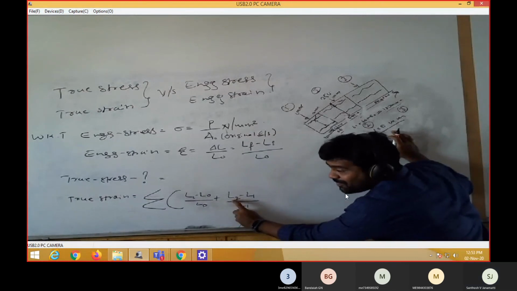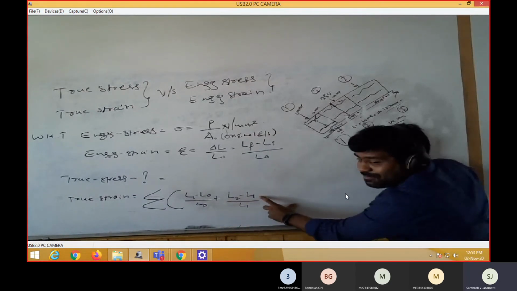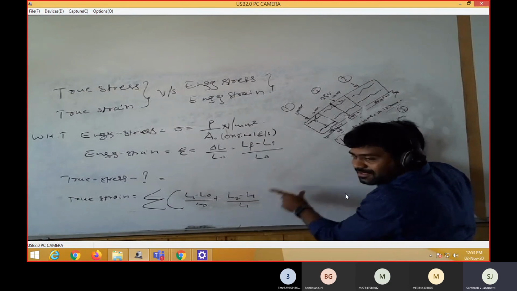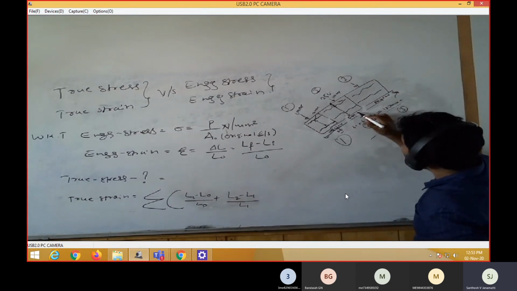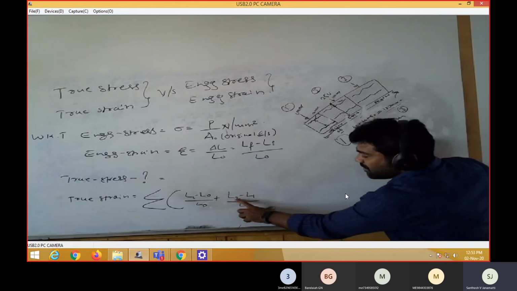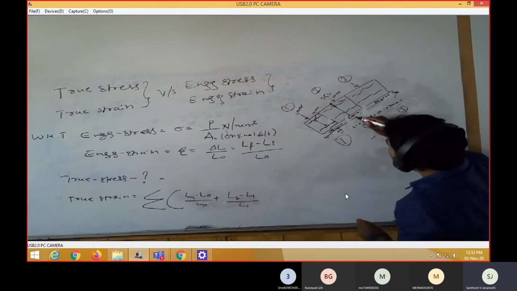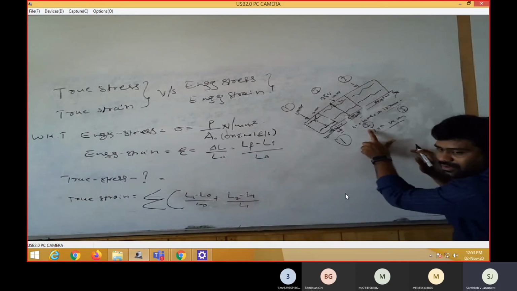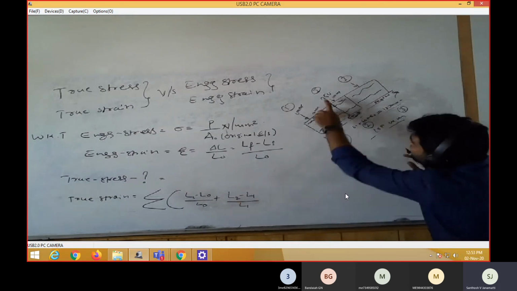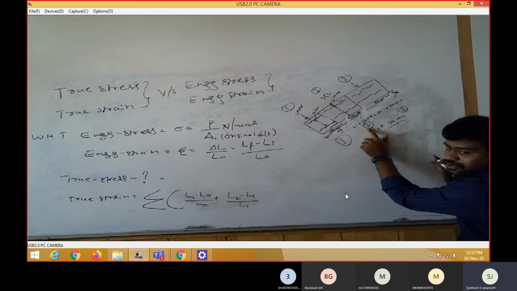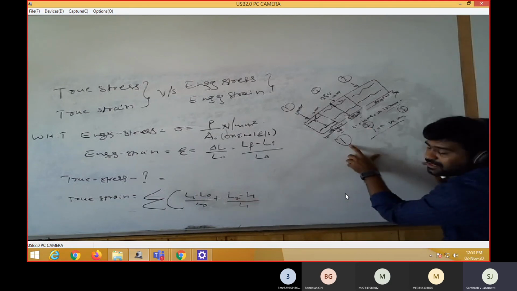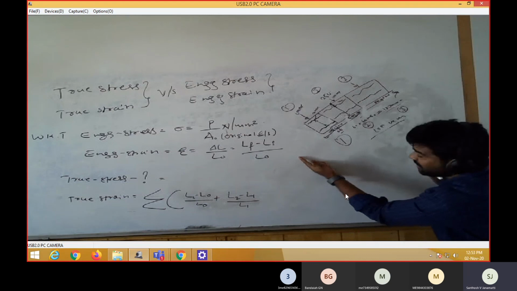L2 is the changed length, and L1 is the basis. L1 is about 60. Now L2 is 60 plus 70. Now we have taken L2. The second instantaneous load is applied. L2 minus L1, because the origin is L0, 50.